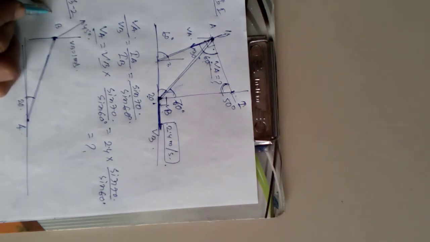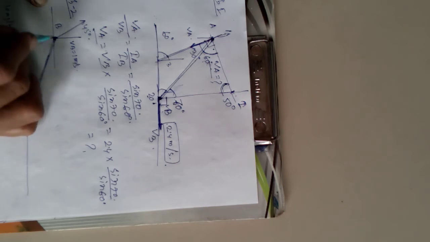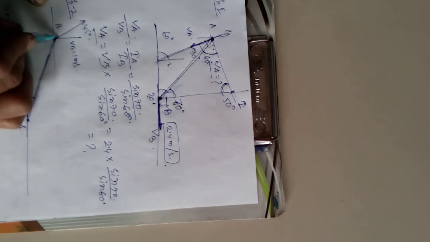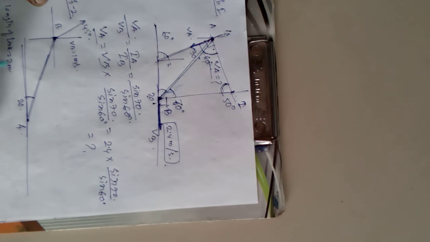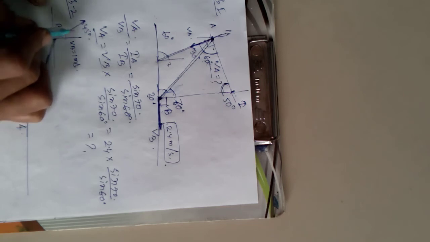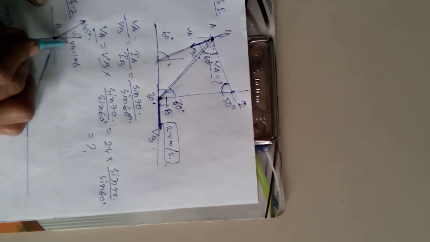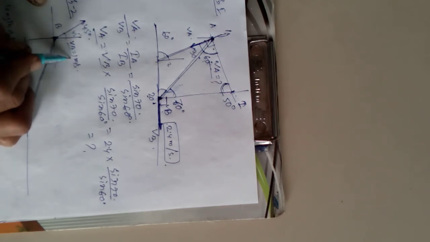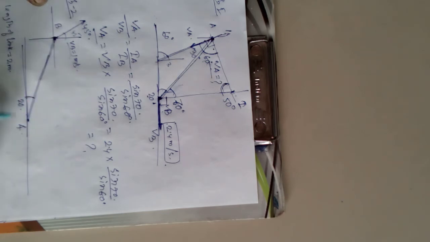So the direction of velocity VB is given, that is 45 degree, and the magnitude is given, 1 meter per second, and the direction of VA is also given.